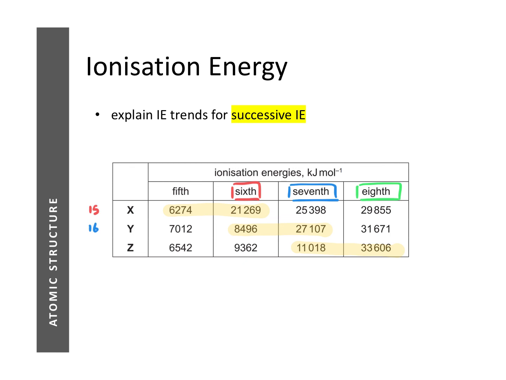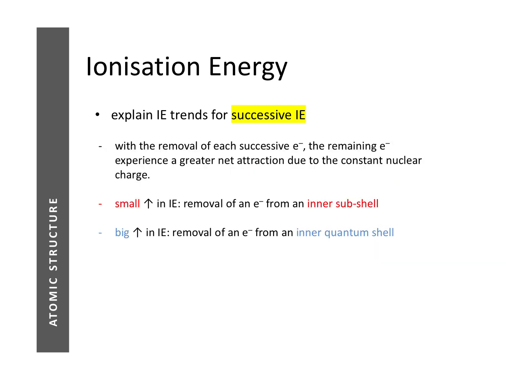Sorry, there will be 7 valence electrons, meaning atom Z is in group 17. So the trick when analyzing data for successive IEs for a particular atom or element is to look for the big jump, which will tell you that the electron comes from an inner quantum shell.